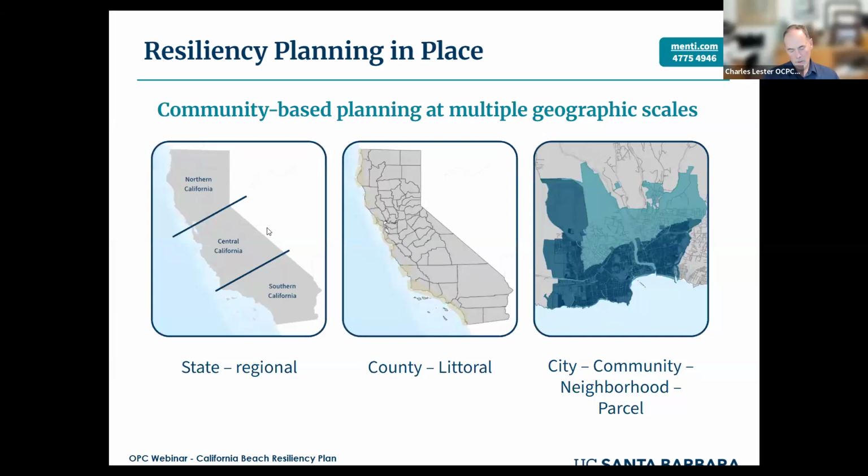And then also similarly at the larger level, I think it's important that we think about what we mean by community-based planning. Especially when we're talking about beaches, given the way they function, the reality of how they're important across a variety of geographies. We need to understand that communities that care about beaches, especially in California, are also at different scales.